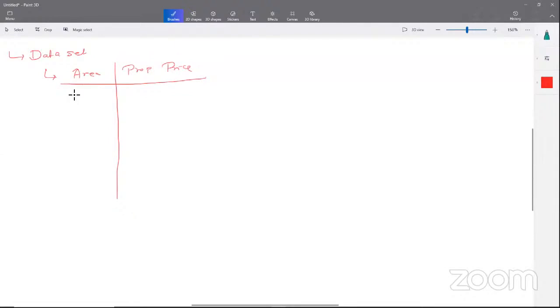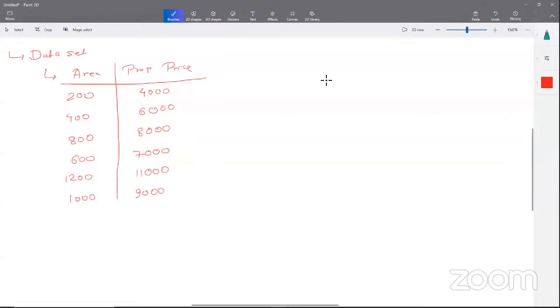Say the area values are 200, 400, 800, 600, 1200 and 1000. And the property price values are 4000 INR, then say 6000, then say 8000, 7000, then something like 11,000, and say 9,000, right?